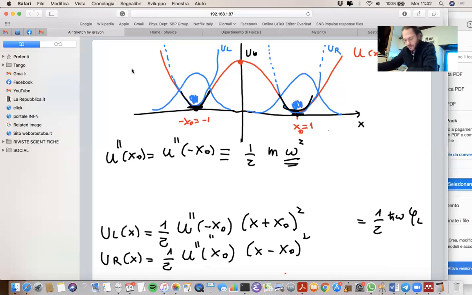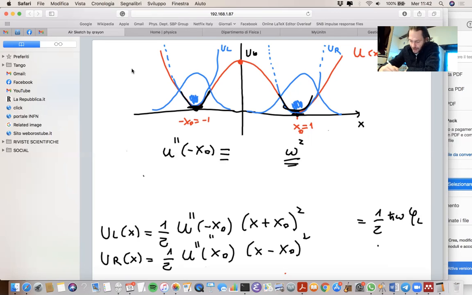This is a definition for omega, right? Omega is just the square root of twice this quantity over m. And then, of course, you know the corresponding eigenenergy.